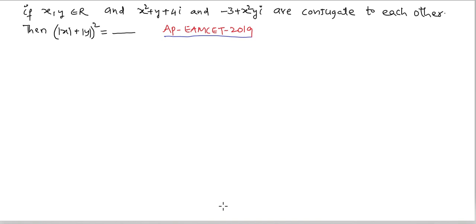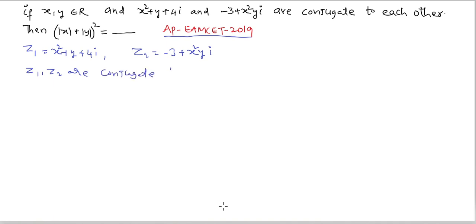Here two complex numbers are given: z1 is equal to x² + y + 4i and z2 is equal to −3 + x²y into i. Given these z1, z2 are conjugate to each other, that means z1 is equal to z2 bar.